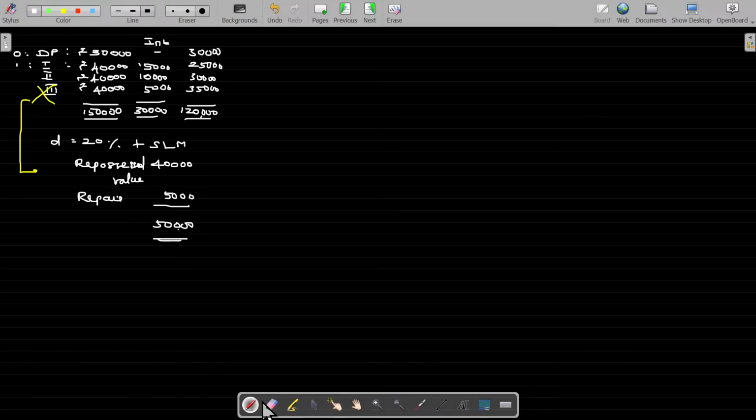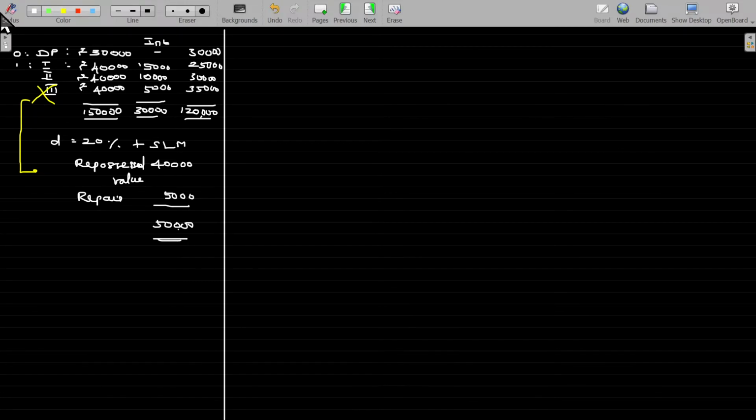First of all, let me try to solve this illustration in the books of hire purchaser. Hire purchaser book la nam solve பண்ணலாம். Right. In the books of hire purchaser. Okay. Day 1, 0th period la enna nadakudhu?